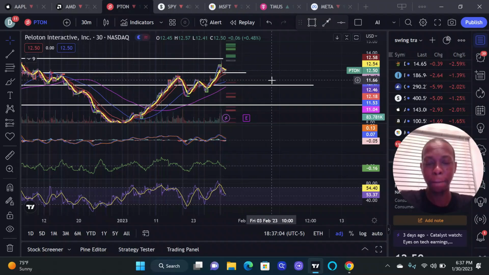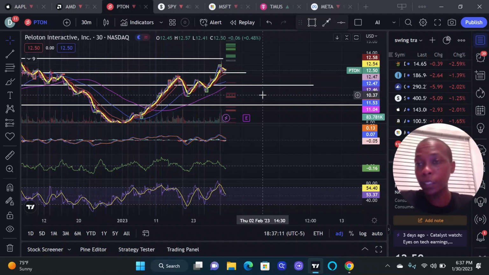Man, if this thing do fall again, this is where I'm thinking it's coming to. I'm really thinking it's 10.37 level right here. I don't think it's coming to this 9.50, but I do think it's coming here. So the $12 put is $1.48 again.